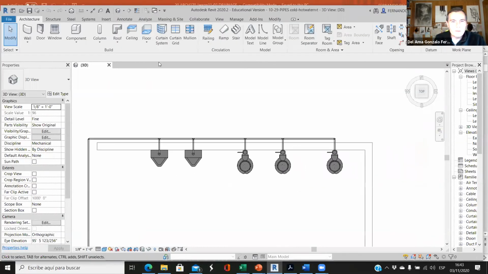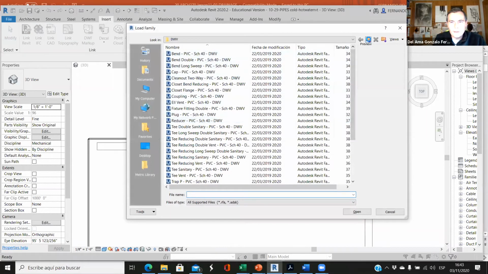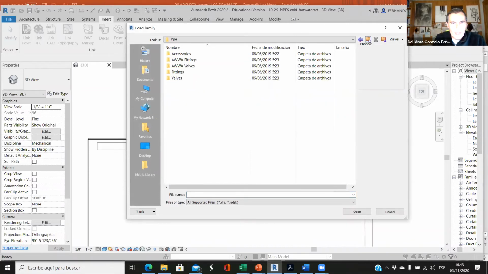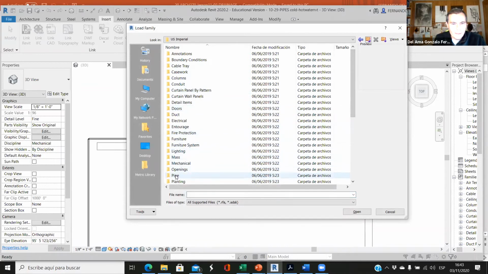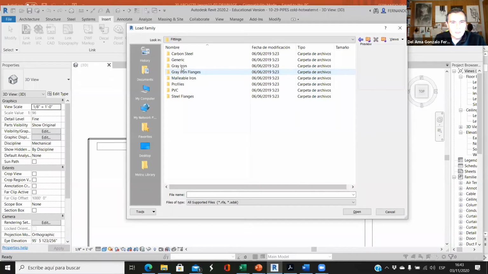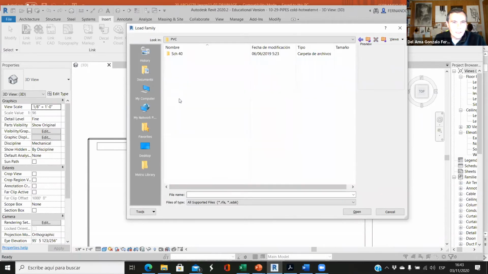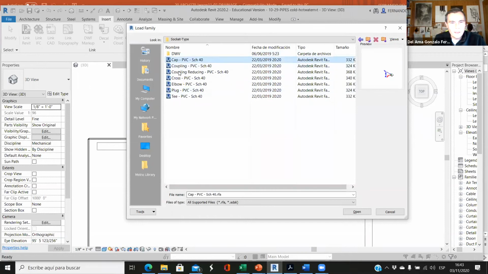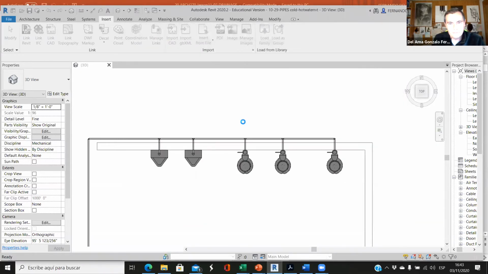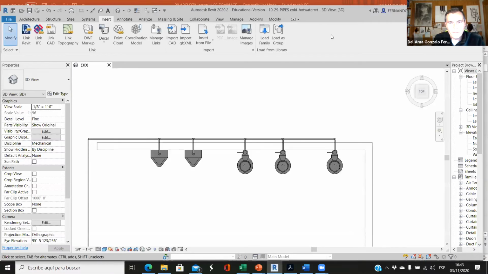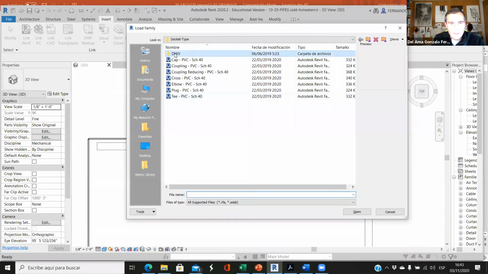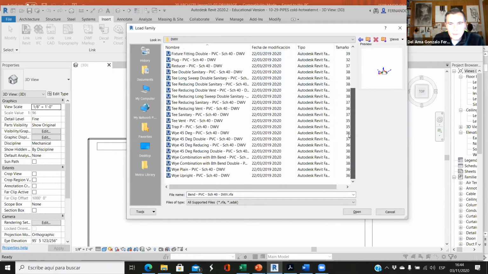So let's do it. First, we have to insert, where is it? Insert family, and in pipe. Okay, so it's not in plumbing, it's in pipes. In fittings, we have the carbon steel, but we have PVC. Okay, so you have to open PVC, and let's insert everything. There are two folders, and we have a lot of elements here.